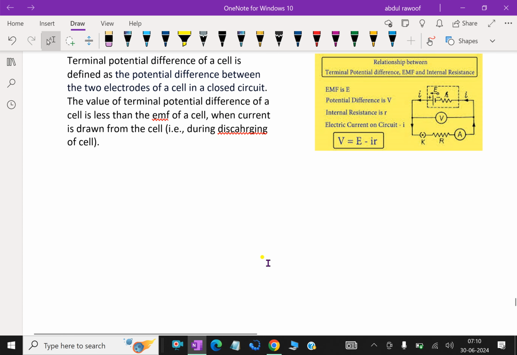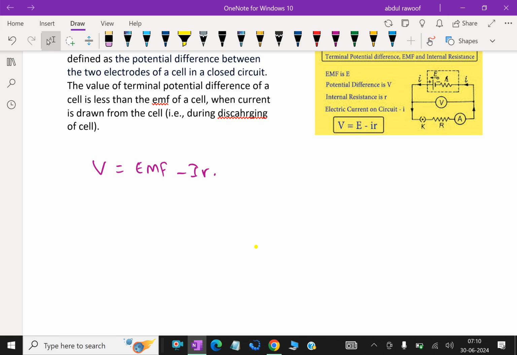Now, the terminal potential difference depends on the following things. When delivering current, the terminal voltage V equals EMF, the electromotive force, minus IR.